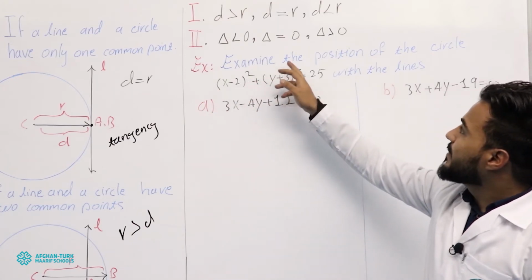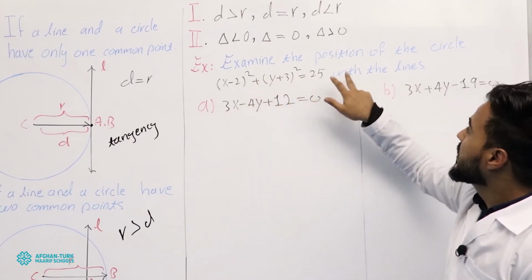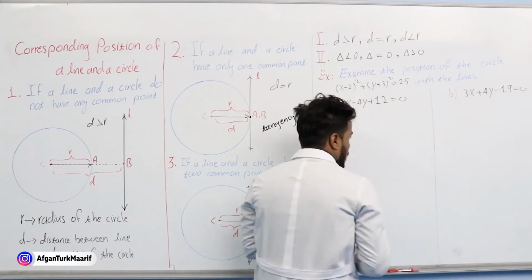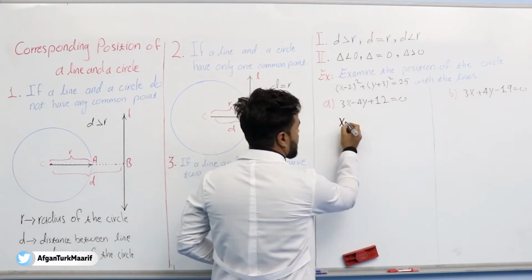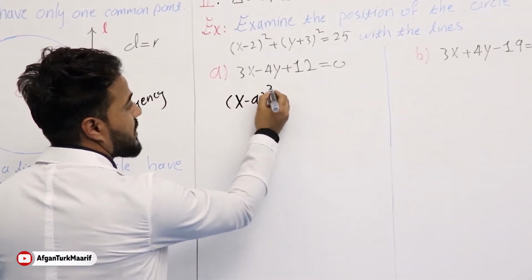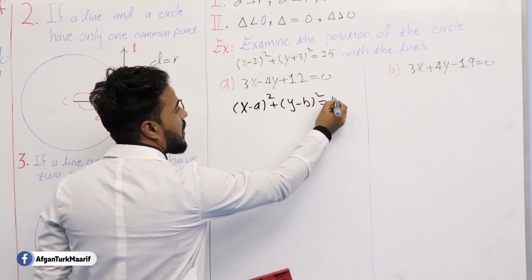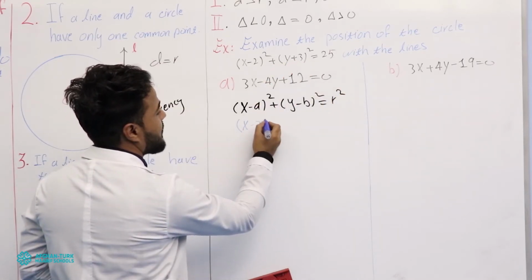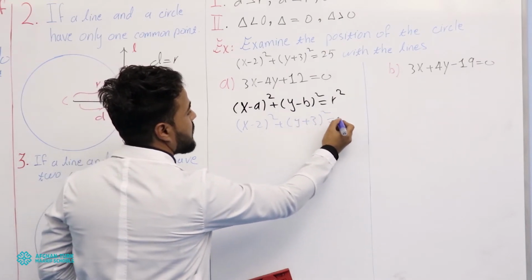First example, examine the position of this circle with these two lines. So now, at first I want to find a, b, and r. In here we have the standard equation of a circle, which is (x minus a) square plus (y minus b) square equals r square. And in here we have the equation of the circle, (x minus 2) square plus (y plus 3) square is equal to r square.